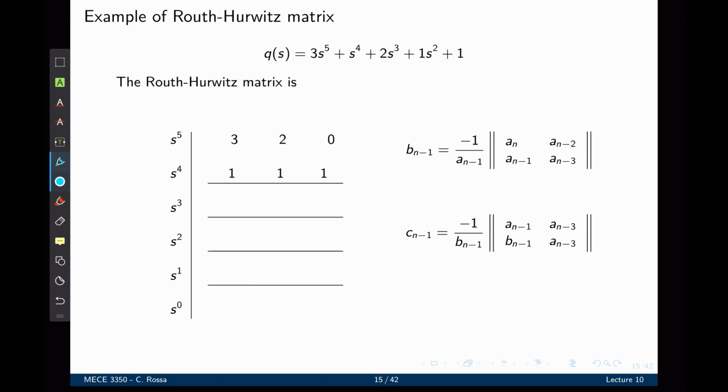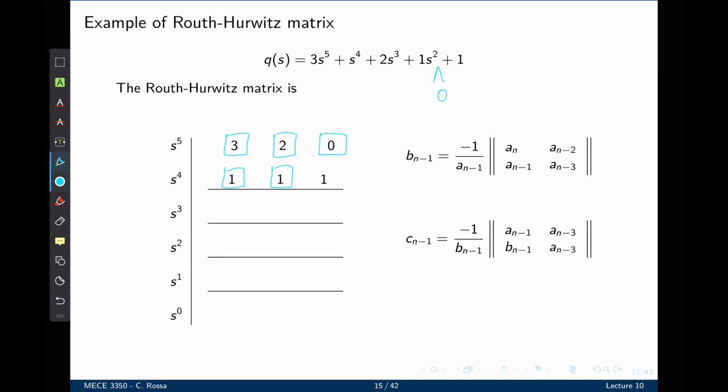Starting with the coefficient of s to the power of 5, that is 3, s to the power of 4, 1, s to the power of 3, 2, s to the power of 2, 1, s to the power of 1, 0, here it is. It's not shown, but it's here, 0 times s to the power of 1, and this needs to make it to the array. And finally, s to the power of 0, 1. So again, here we are using the up and down pattern.